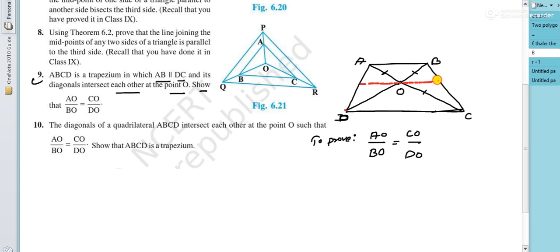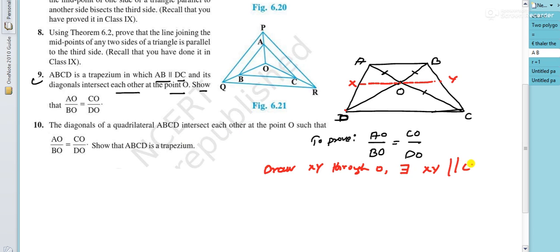You can name this as X, Y. Okay, so this is what you have to do. So you can write: draw XY through O such that it is parallel to what?